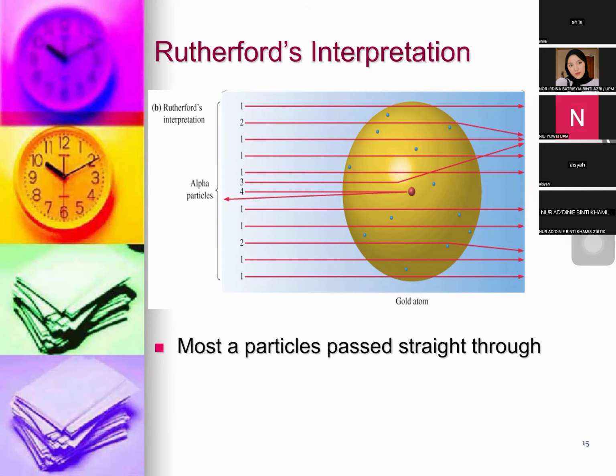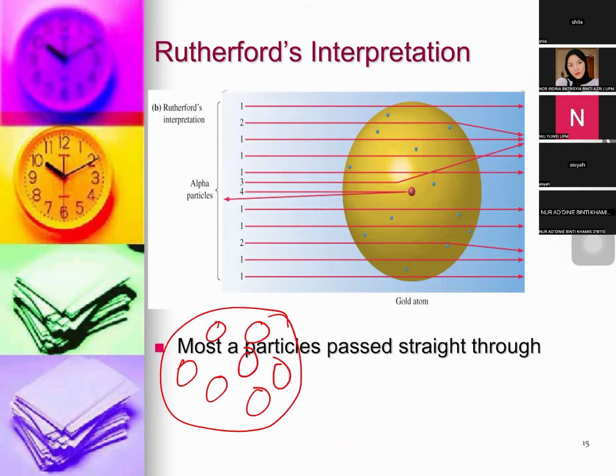If I draw here, this is the plum pudding model by J.J. Thomson. What do you think will happen to the alpha particles? Anyone has an idea what happens to the alpha particles if the J.J. Thomson model is correct?